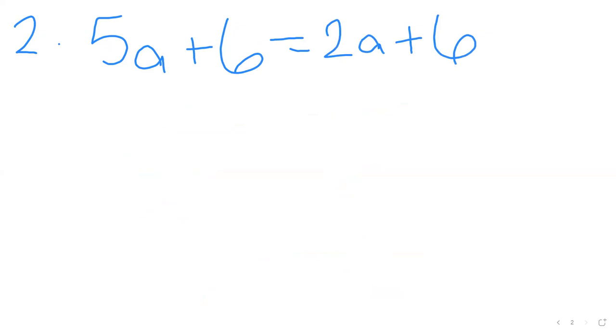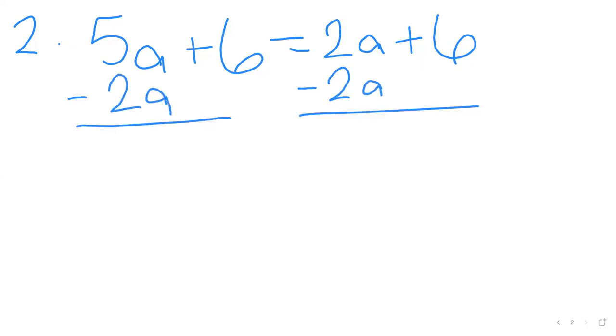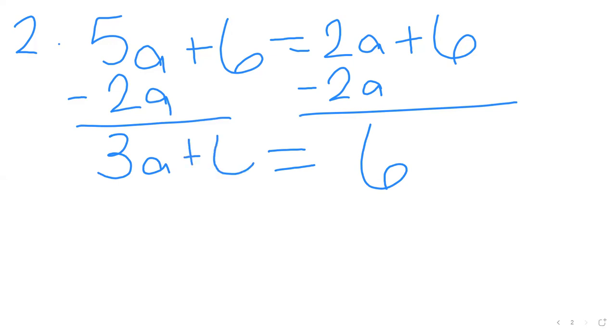I am going to start with the variable terms, trying to collect them on one side by subtracting 2a on both sides, giving us 6 on the right-hand side, 3a from combining 5a and -2a, or 5a minus 2a, bring down our 6.